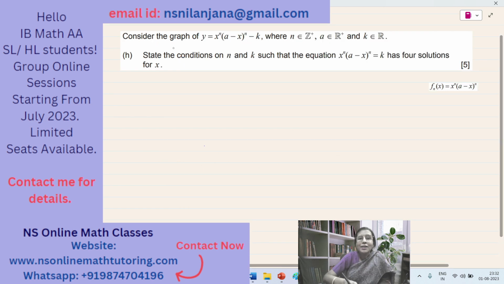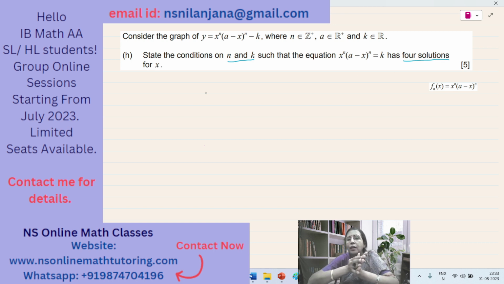Okay. Consider the graph of y equals x to the power of n times a minus x whole raised to the power of n minus k, where n is a positive integer, a is a positive real number, and k is also another real number. So part H, it says state the conditions on n and k such that the equation x to the power of n times a minus x whole raised to the power of n is equal to k has 4 solutions of x.